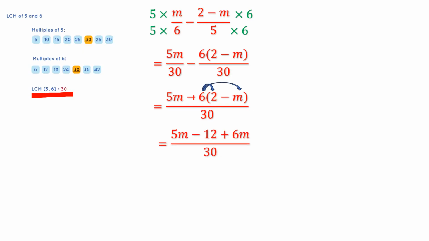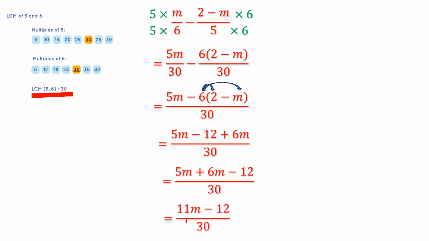And negative 6 multiplied by negative m is going to be positive 6m, because a negative and a negative is positive. We group the like terms, 5m plus 6m, and we add them. So we get 11m minus 12 divided by 30. And so that's how we write those particular entities as a single fraction.